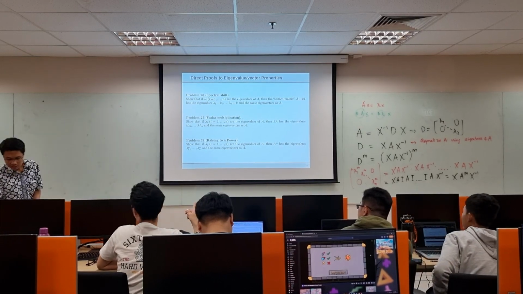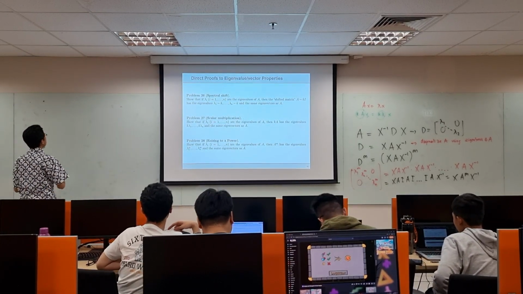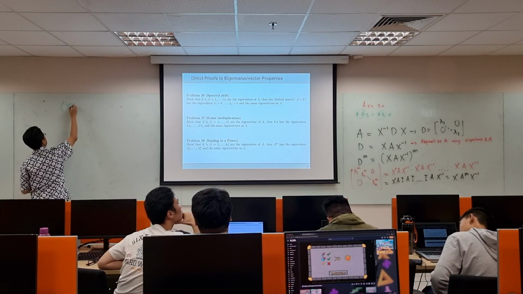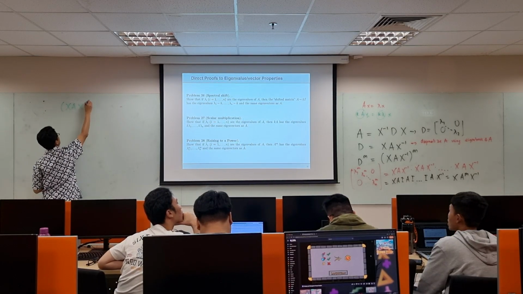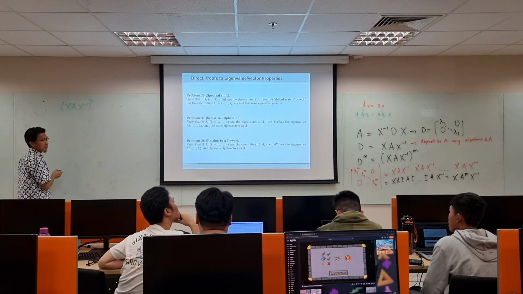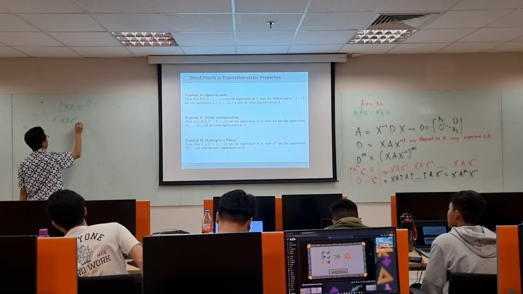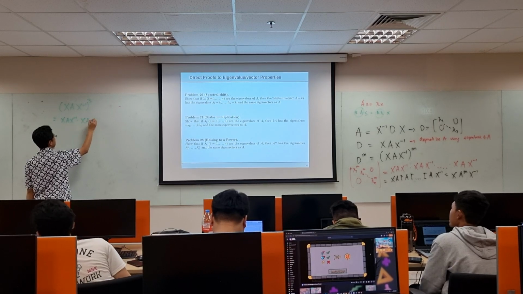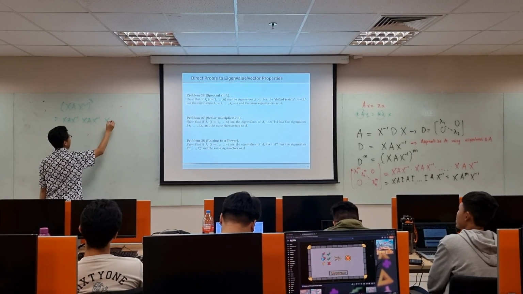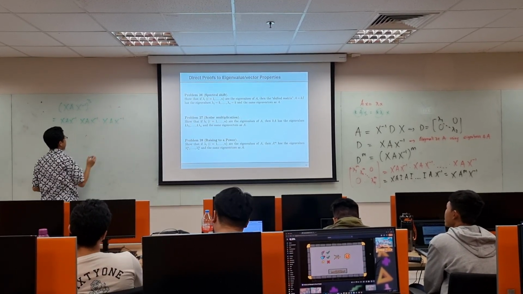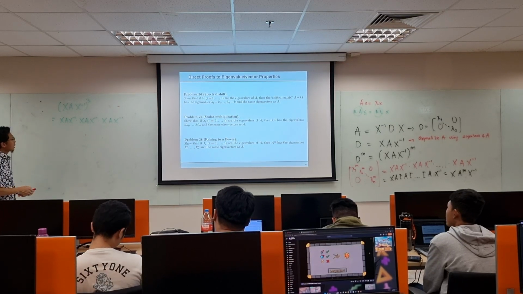Okay, an example is this. I'm showing you an example. X A X inverse to the power of 3 will be X A X inverse multiplied by X A X inverse again.